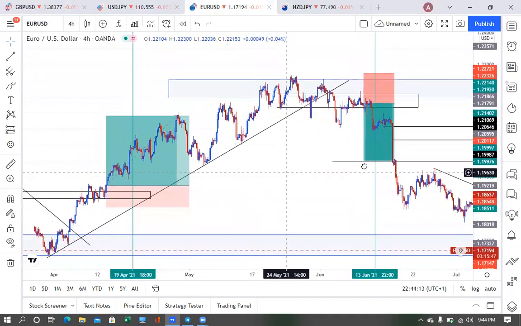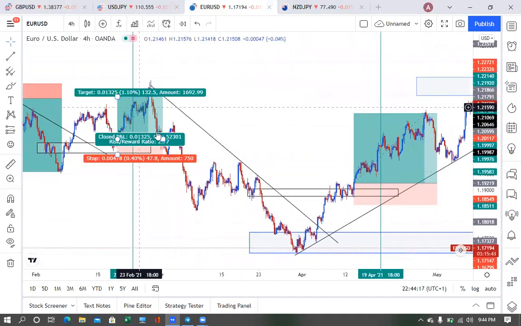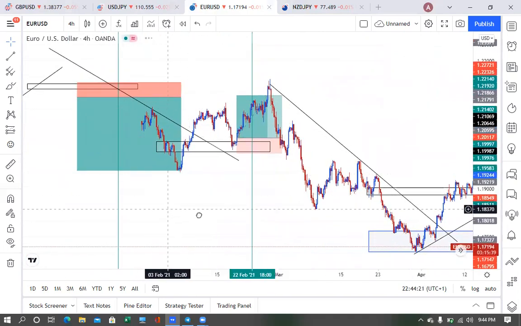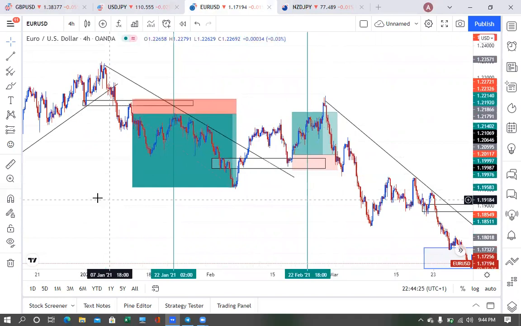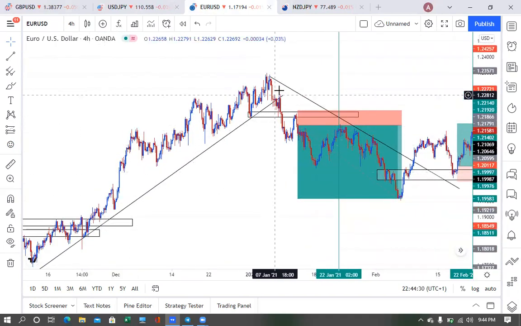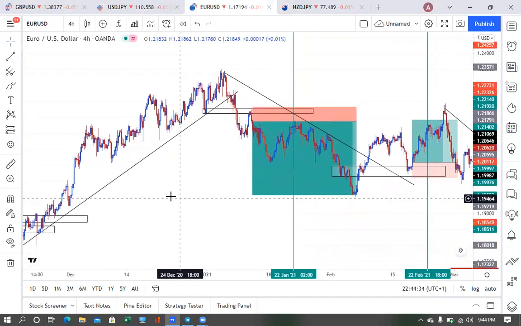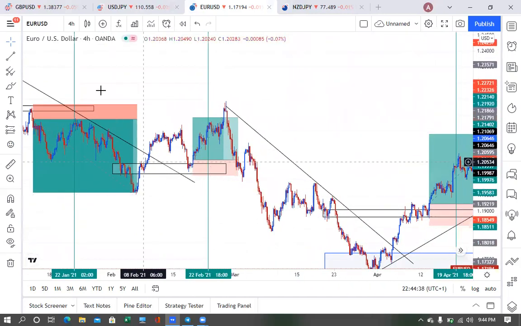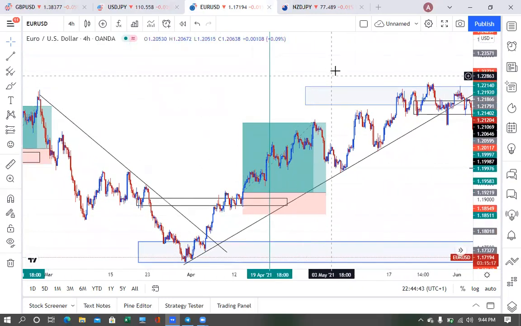See here. Then let's come here. You see here too, it has a break and then a retest there and goes. There is another one: break here, retest here and go. There is another one: break here, retest and go. So you can see that the strategy is respecting the 4 hours time frame.